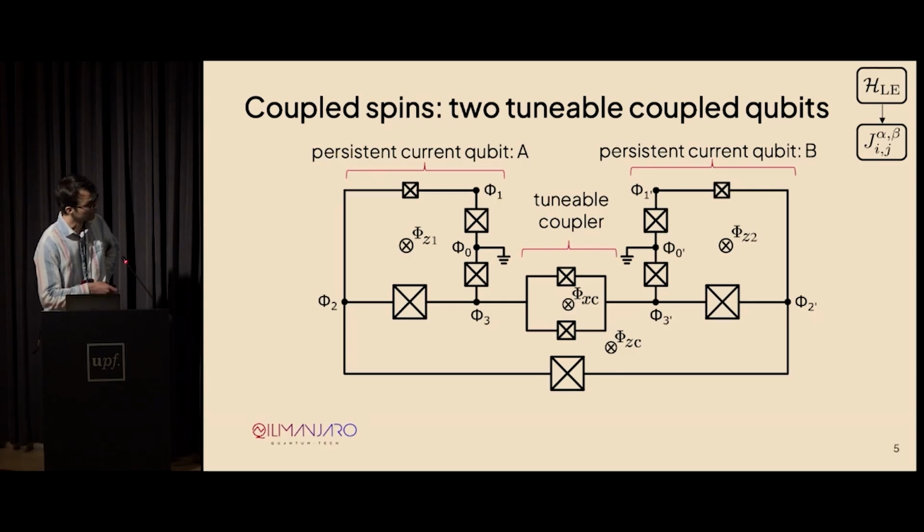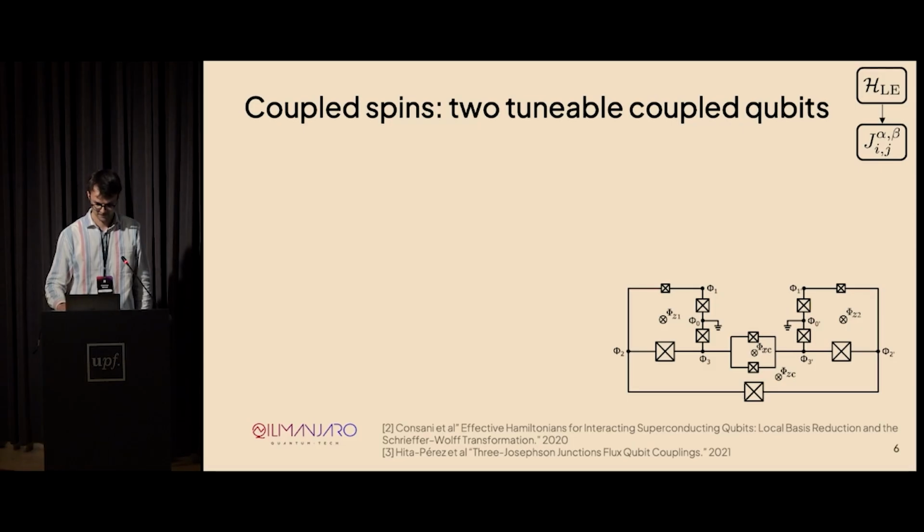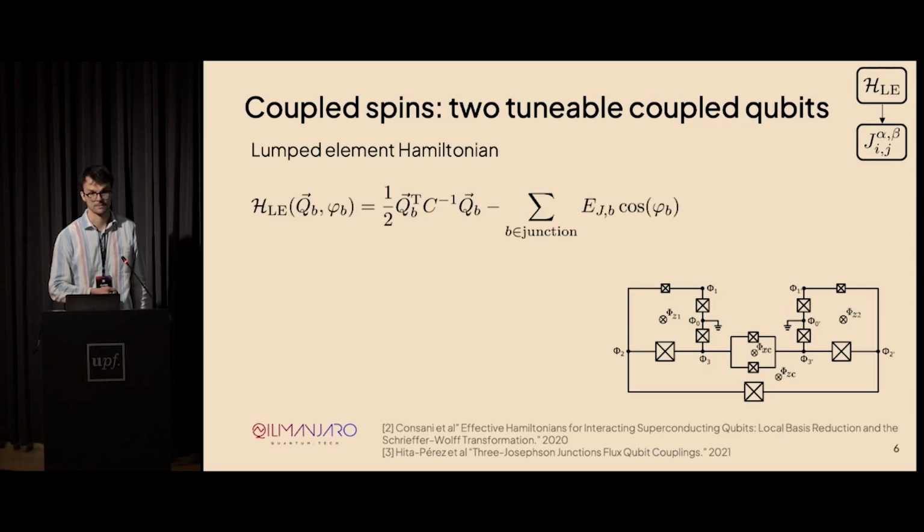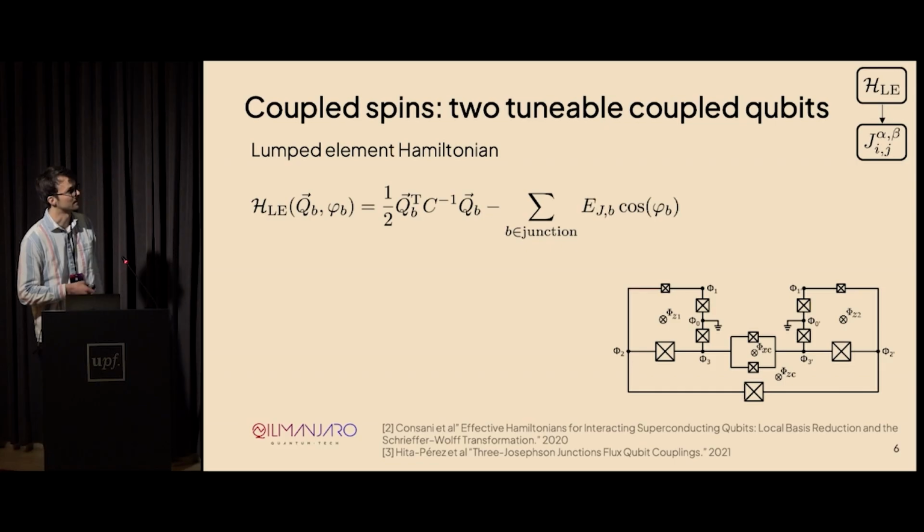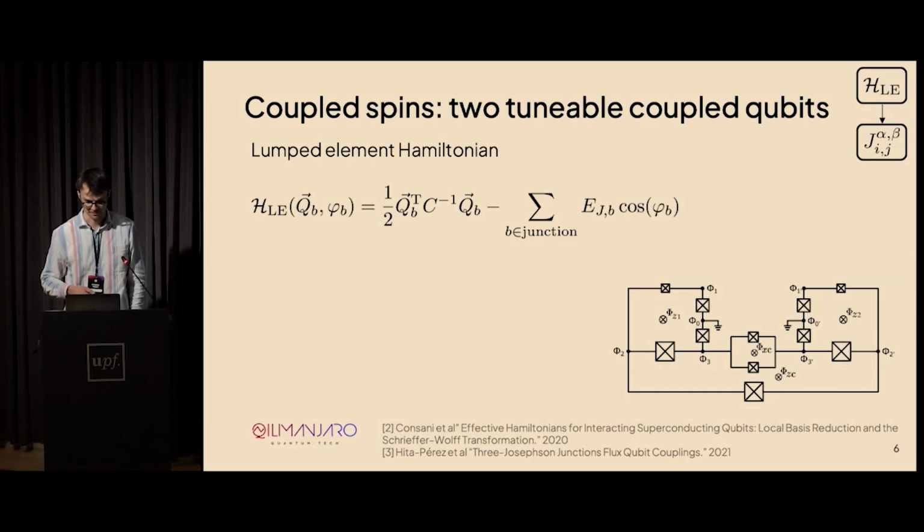So we have all these junctions, 2 qubits, and 5 controls to control this, and 6 nodes, which describe the size of the system basically. And if we do the same thing, the lumped element Hamiltonian has again exactly the same shape. It's just much longer. It's very tedious to derive. It's going to take you maybe 1 day to do it, and you get about 30 terms, but essentially it's the same shape again.